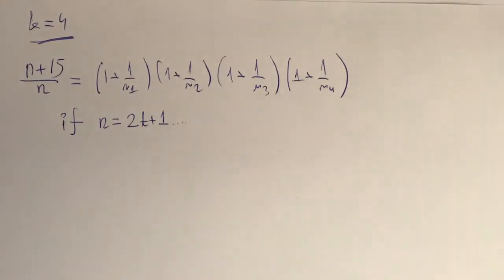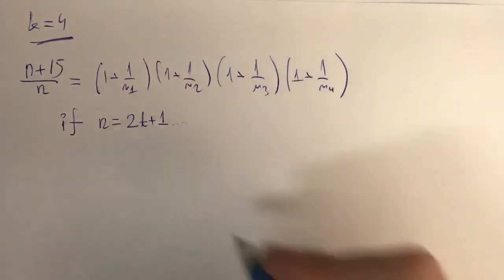The case k equals 4 is really trying to show that (n plus 15) over n is the product of 4 numbers of the form 1 plus 1 over m, where m is a positive integer. What you may have found just by playing around is that this follows the same pattern for evens and odds, meaning they are different solutions.